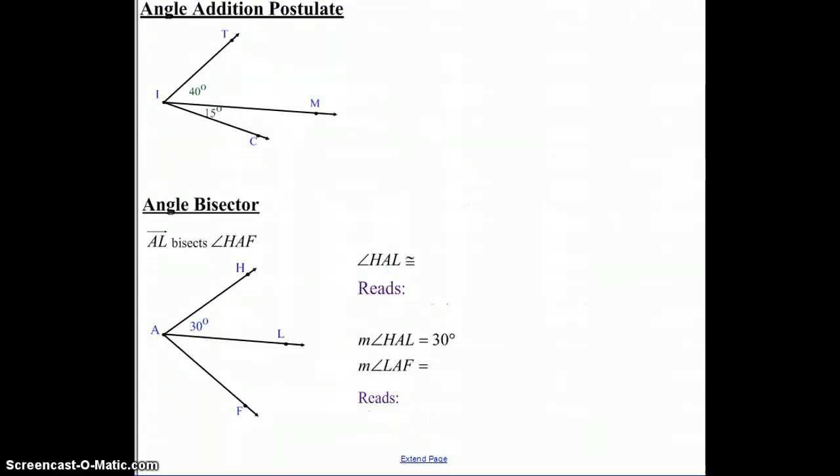Similarly to the segment addition postulate, we can work with the angle addition postulate. And it's the same exact thing. 2 adjacent angles can be added together to give us a larger angle. So angle TIM plus angle MIC is equal to angle TIC.